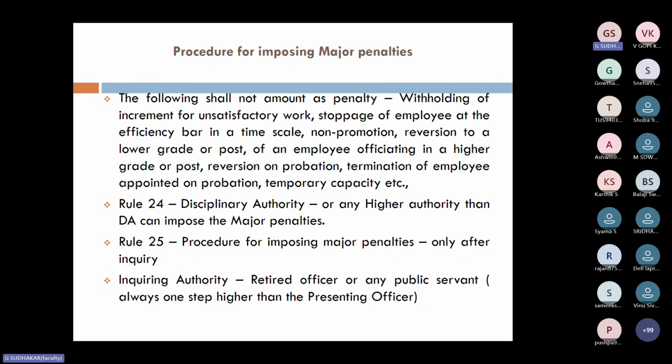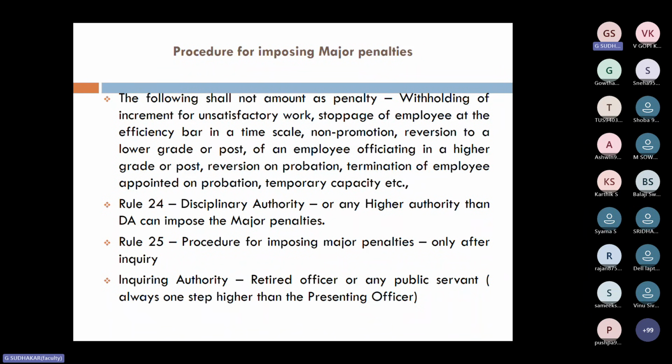If the reply is not satisfactory to the disciplinary authority, he will appoint the inquiry officer and presenting officer to conduct the case, and they will issue the orders on where to meet, when to meet, which date and which place, and they will conduct the inquiry. After conducting the inquiry in depth, the report of the inquiry officer will be sent to the disciplinary authority.